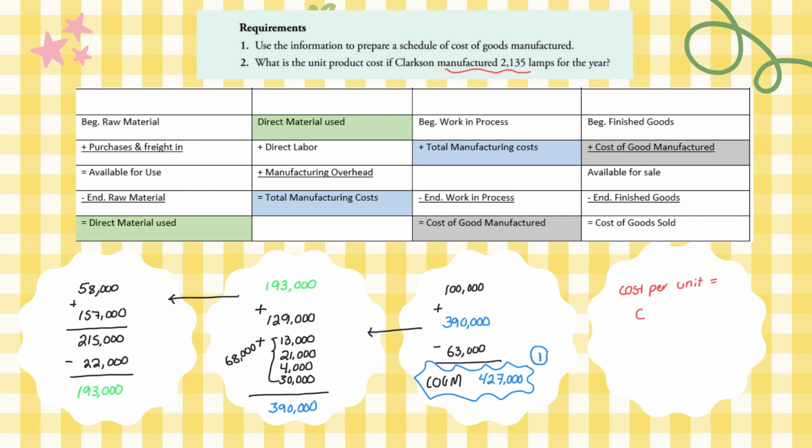It's going to be cost of goods manufactured divided by number of units manufactured. So 427,000 divided by 2,135 units equals $200 per unit.